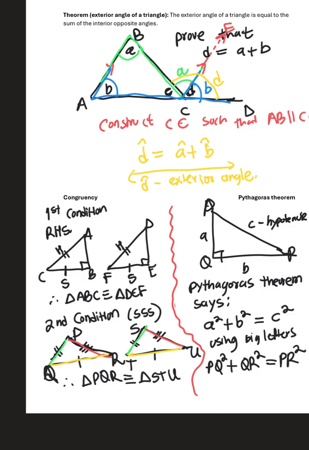The hypotenuse is always on this part. This is what the Pythagoras theorem is like.